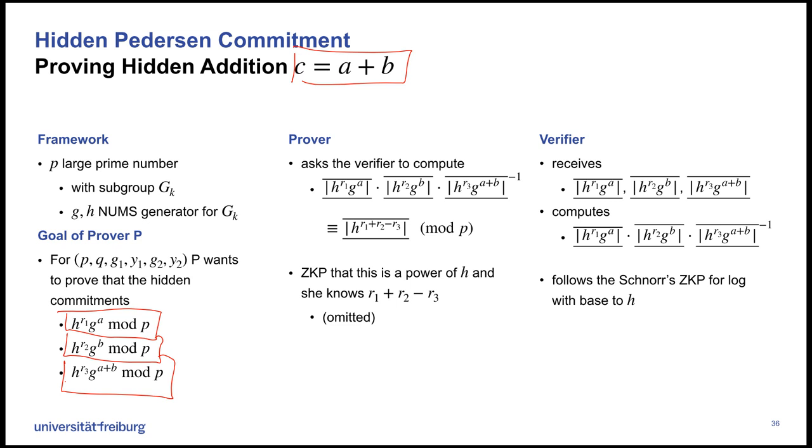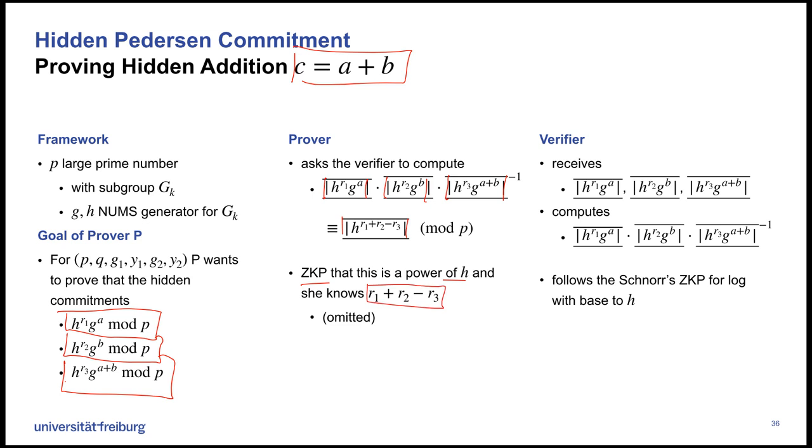So what we do is, this is now all hidden, so we can send this around. I ask him, you know what? Multiply the first two and divide by the third one. And what we get, if we're not cheating, is h to the power of something, and the g's are gone. So what we do now is make a zero knowledge proof that we know the power, that this is a power of h, and we know what's in the exponent.